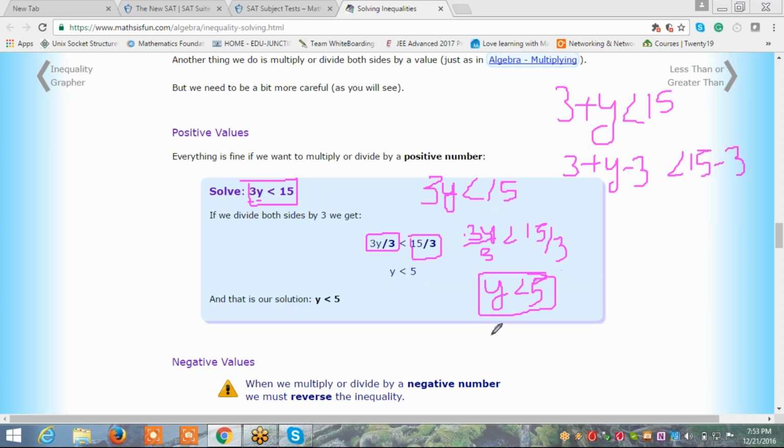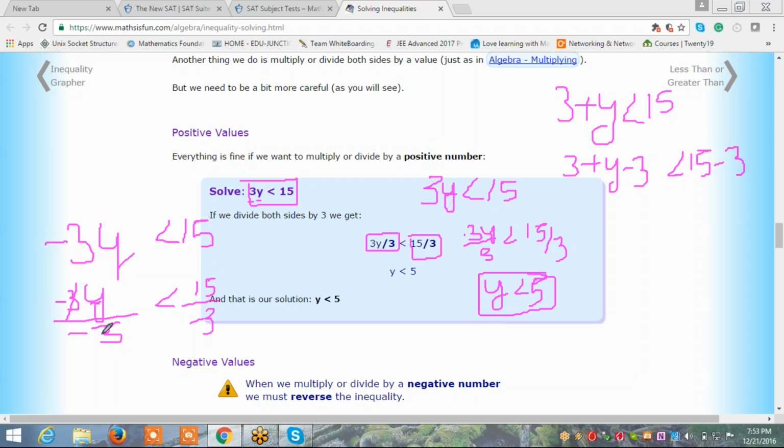This is the one scenario. If it is a negative number, what should be the condition? If I have minus 3y less than 15, I have to divide both the sides by minus 3.